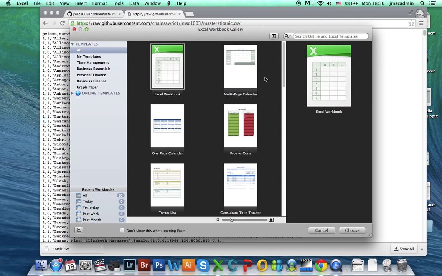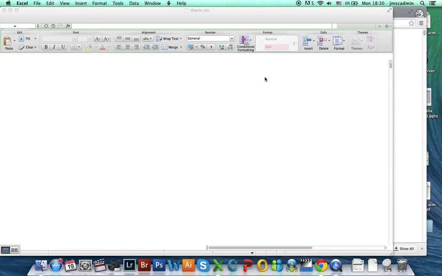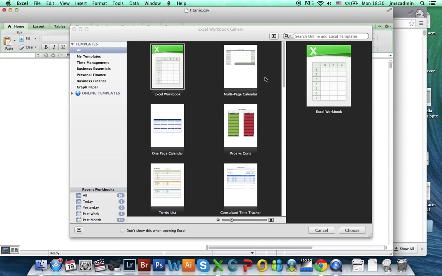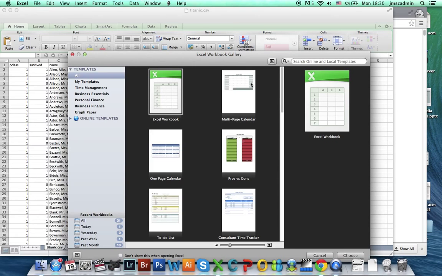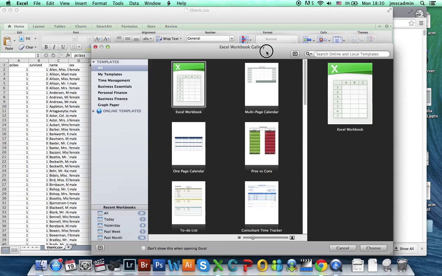This computer is not as powerful as the one that we use in the lab, so it may be a little bit slow, but anyway, it works.